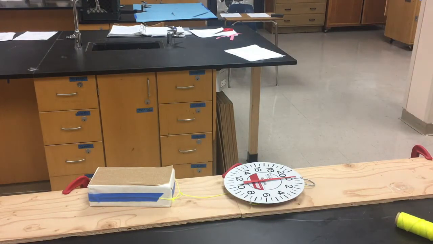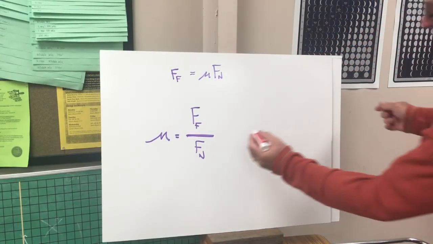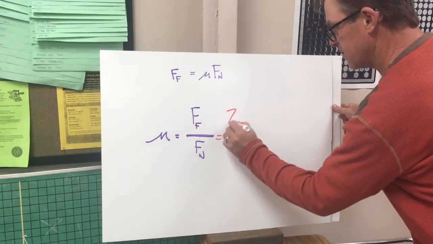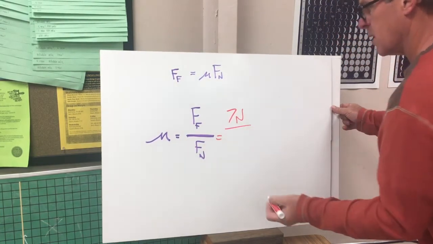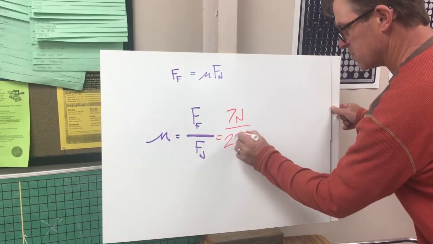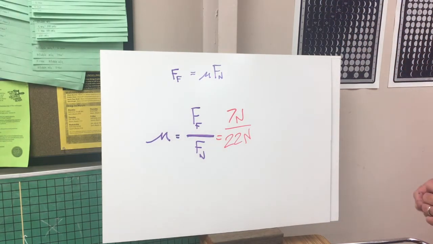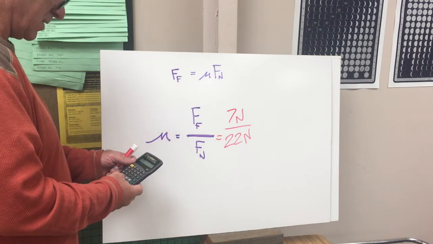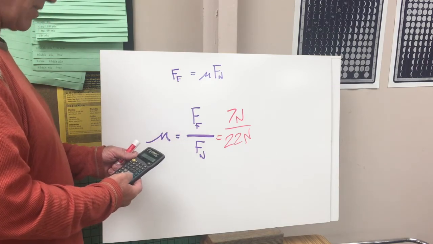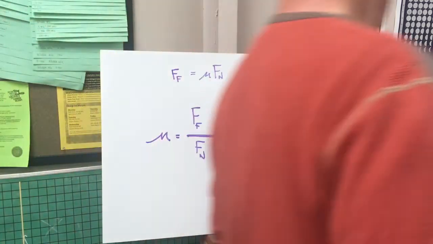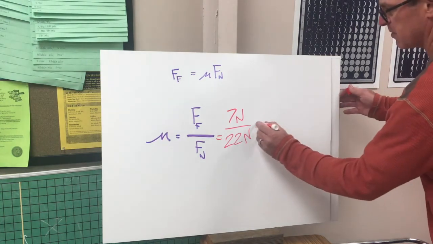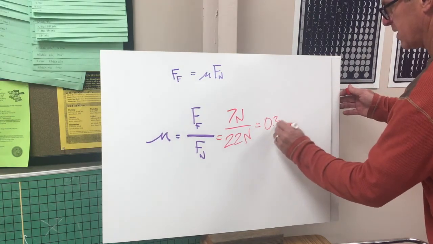So we can put this in our equation, and we have friction pulling 7 newtons, and the normal force was the weight, 22 newtons. When we divide 7 by 22, we get 0.32. So we get a coefficient of friction of 0.32.